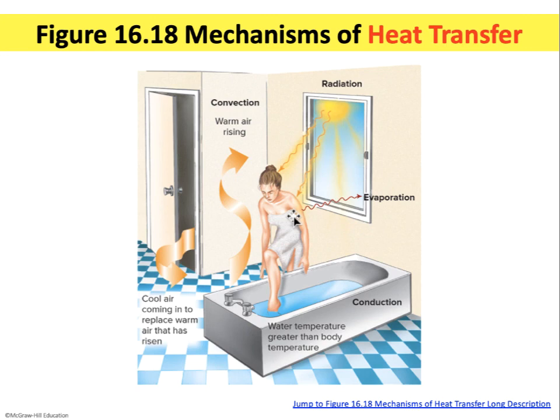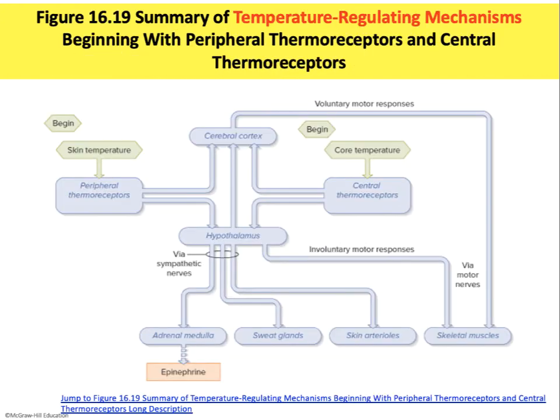So our bodies can radiate heat, they can conduct heat, they can lose heat through evaporation or convection. Regardless, our bodies are equipped with a multitude of mechanisms to regulate our core body temperature. And the hypothalamus has a major role in regulating that behavior.